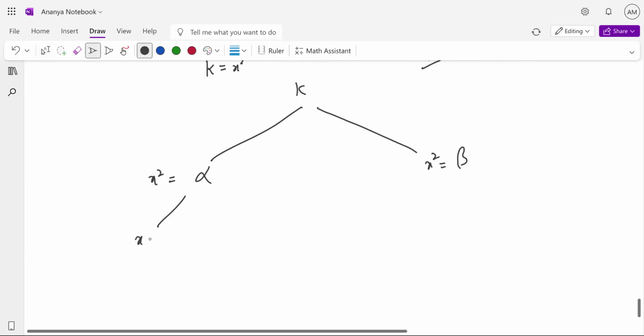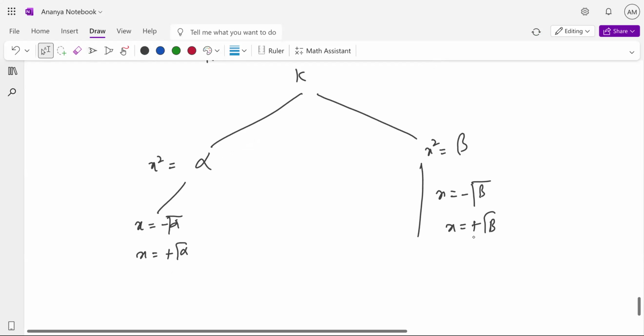Like I'll be having x equals to minus under root alpha, x equals to plus under root alpha. Is that clear? Yes, sir. These two values. So similarly, we'll be having x equals to minus under root beta and x equals to plus under root beta.